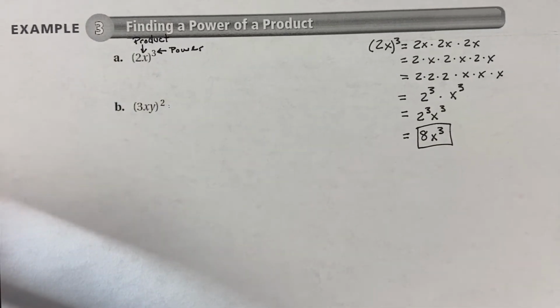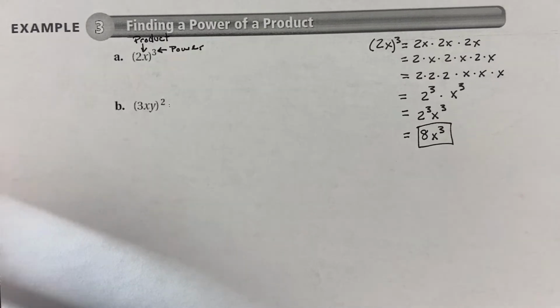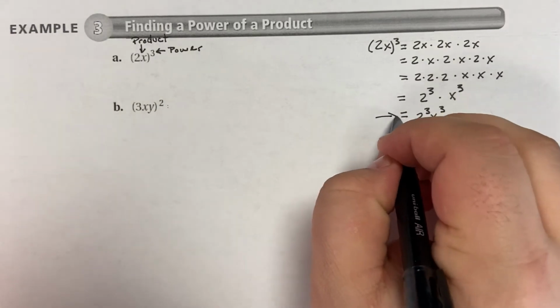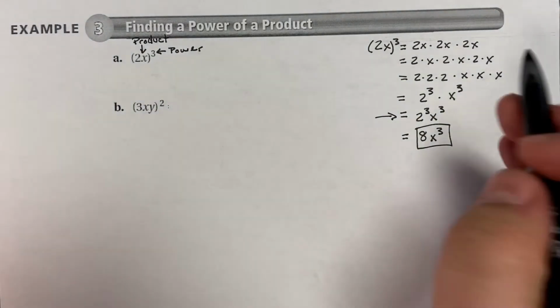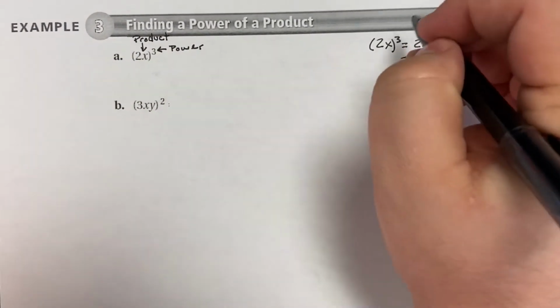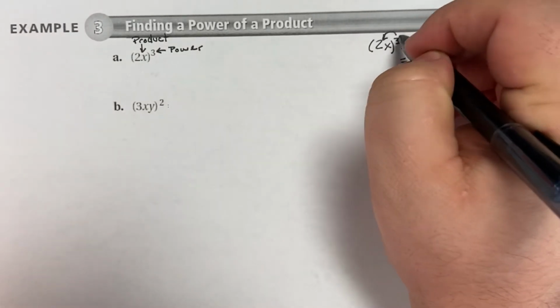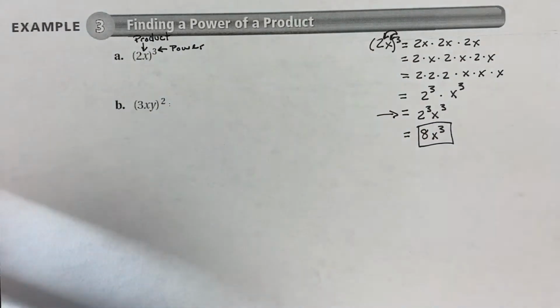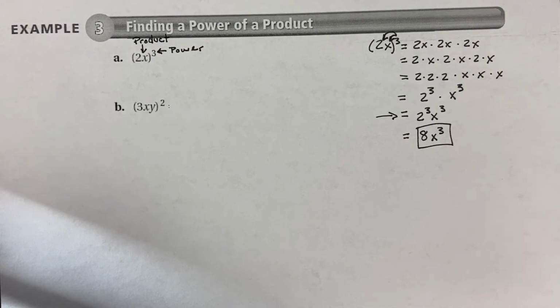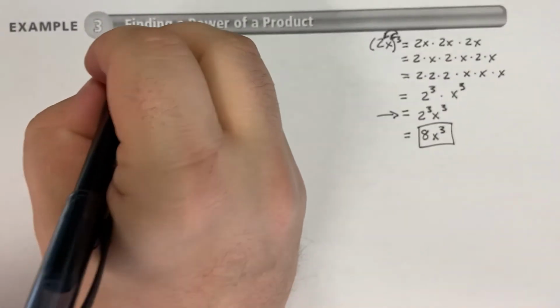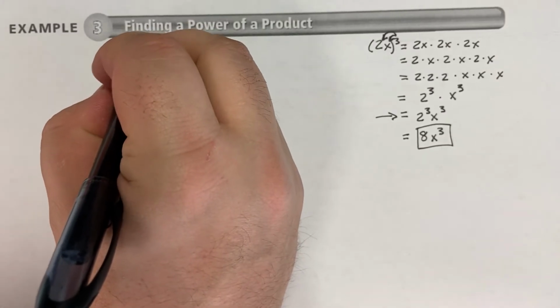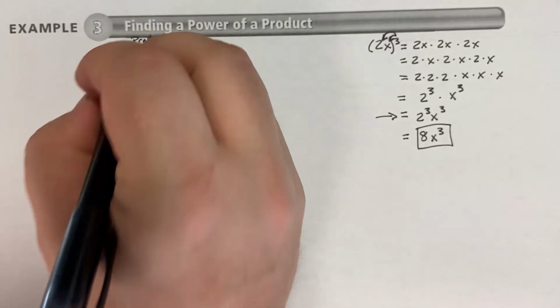Now, we could show our work this way every single time, or we could realize this shortcut exists. What we should notice is we've distributed the 3 to all terms in the product. What that means is I'm going to take the power, and I'm going to give it to each base.